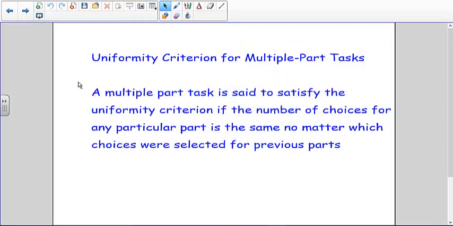It says a multiple part task is said to satisfy the uniformity criterion if the number of choices for any particular part is the same no matter which choices were selected for the previous parts. We kind of used that when we flipped the coin. It didn't matter whether we got heads or tails in the previous flip. There were still 2 options.